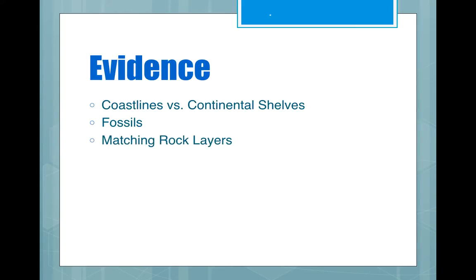He also looked at matching rock layers. As he looked at some of the rock layers on Africa and Europe and matched them to the American rock layers, they matched, and rocks form based on the conditions of the environment at the time when that magma erupts from the volcano.